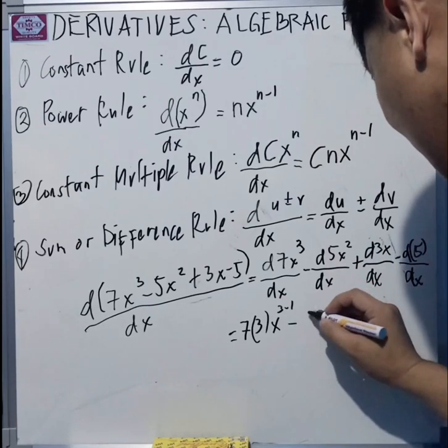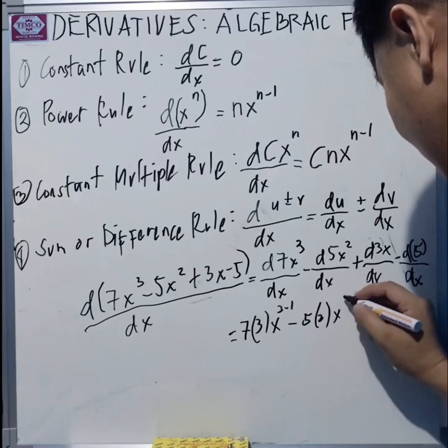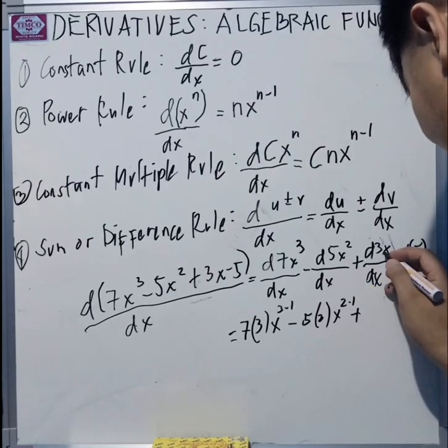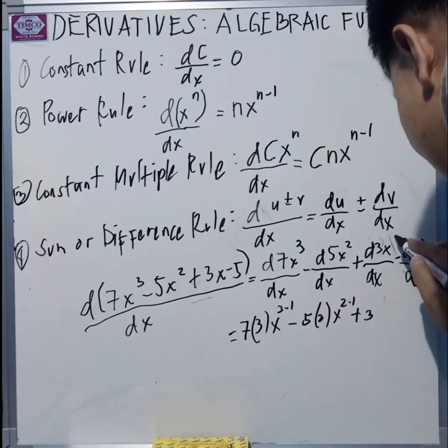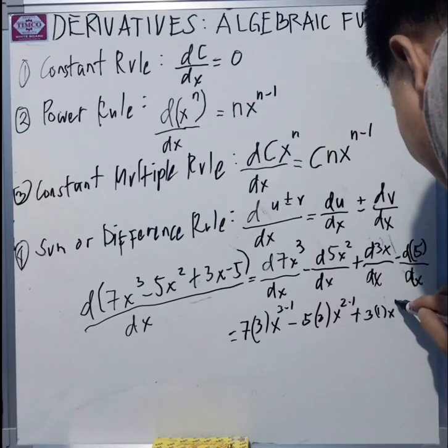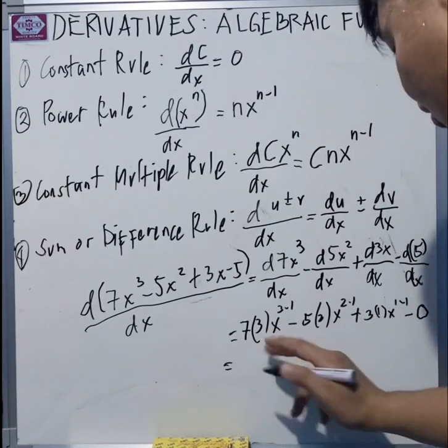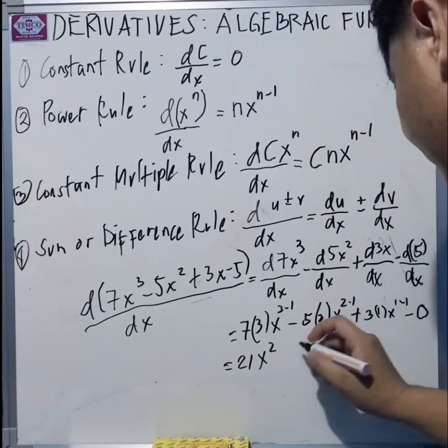Minus the constant again times 2 times the variable raised to its power minus 1, plus the constant again, 3 times the power, which is 1, times x raised to 1 minus 1. Minus the derivative of a constant, which is 0.